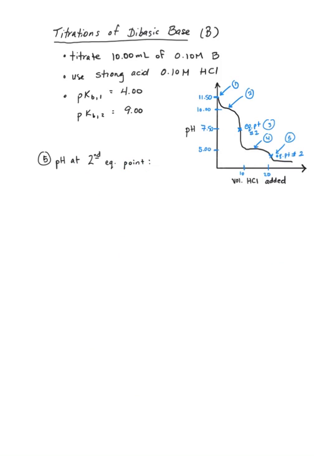Finally, at the second equivalence point, where we've added 20 milliliters of strong acid, we expect the major species in solution to be the fully protonated form of our base. So our major species is BH2+.